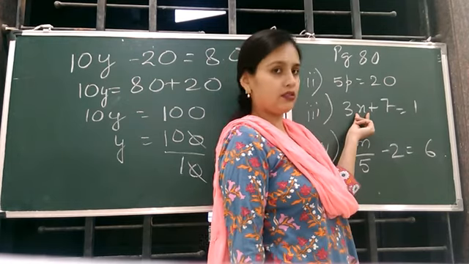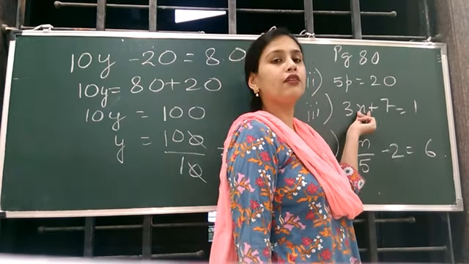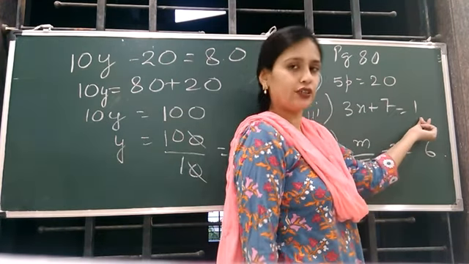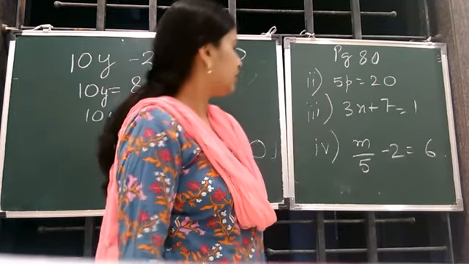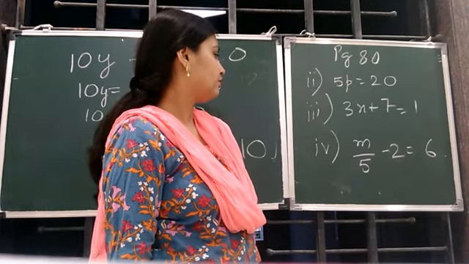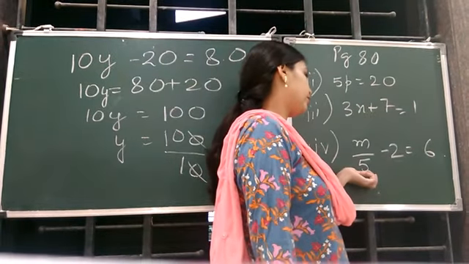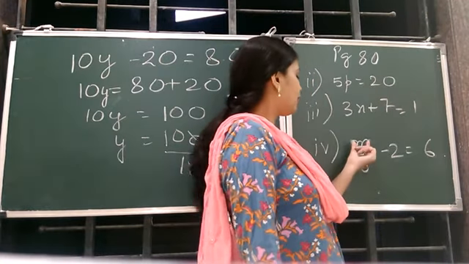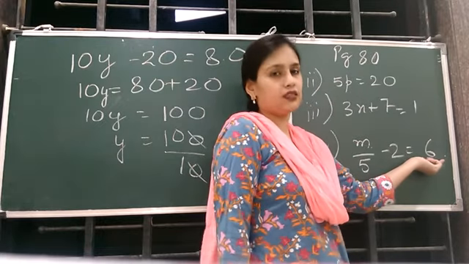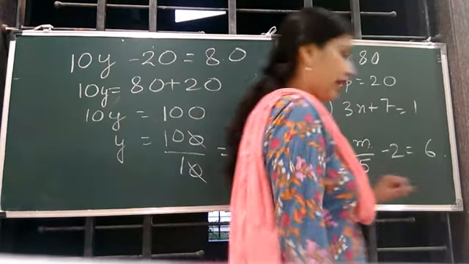Number of pencils which I have, multiply thrice the... my weight minus 2 is equal to 6 kgs. Got it? So this is how we complete our try these.